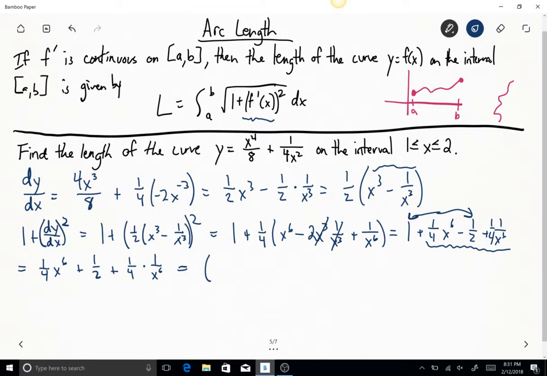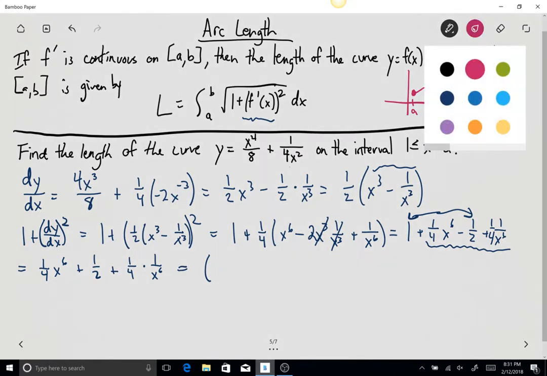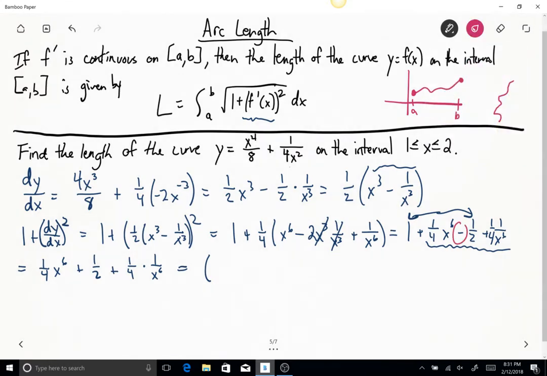So notice this minus 1/2, let me circle that there, has now become a positive 1/2. And so the only difference is instead of a minus in this position where we square it, it's turned to a plus. And so with that being a plus, we take a 1/2 out, and then we have x cubed plus 1 over x cubed. And that whole quantity is squared.